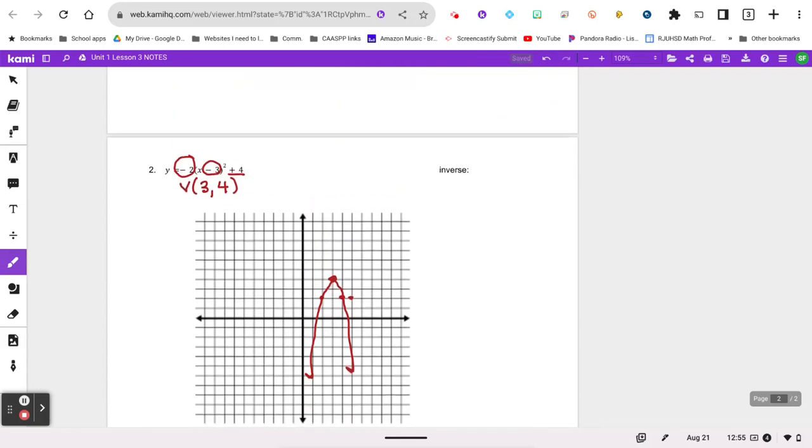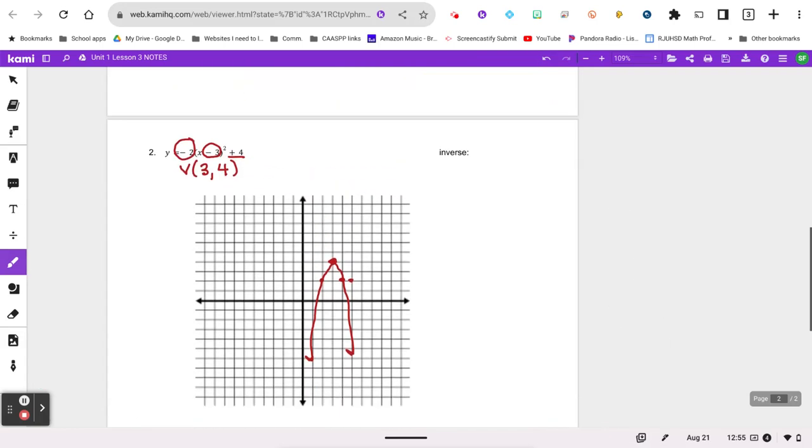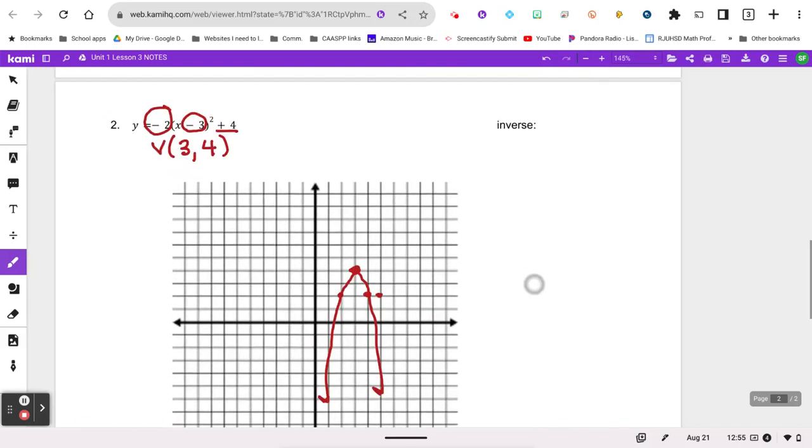Now, if we look at the next equation, we're going to switch the x and y. So we get x equals negative 2 times y minus 3 squared plus 4. You can go back and practice solving these.